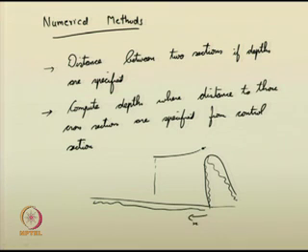At this location, what is the depth of water y can be obtained as per the second statement, or from this control section, if you are given a certain depth y1, the corresponding distance x can also be identified. So, one can easily use the numerical methods.